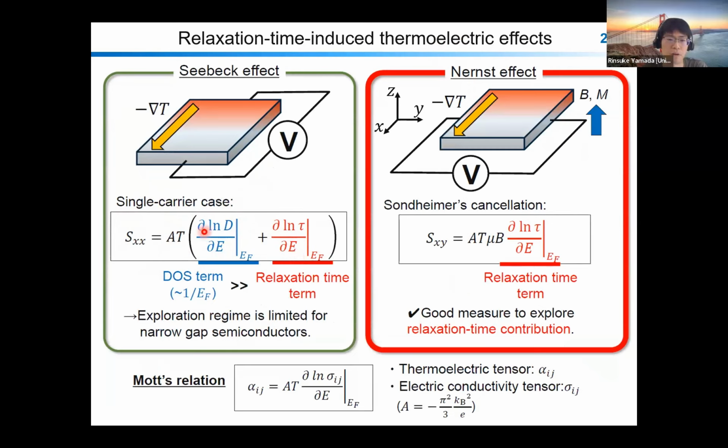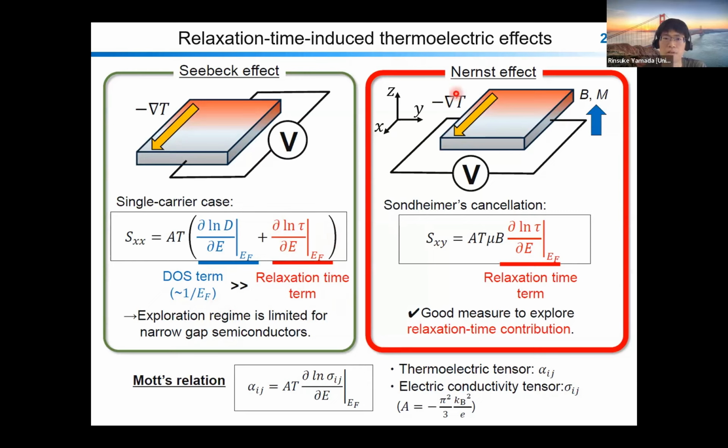Usually people focus on the former term, which corresponds to the inverse of the Fermi velocity, and investigated materials with low carrier density to enhance the Seebeck effect. However, in order to expand the material research field, I want to focus on the latter term, that is, the thermoelectric effects caused by the relaxation time.